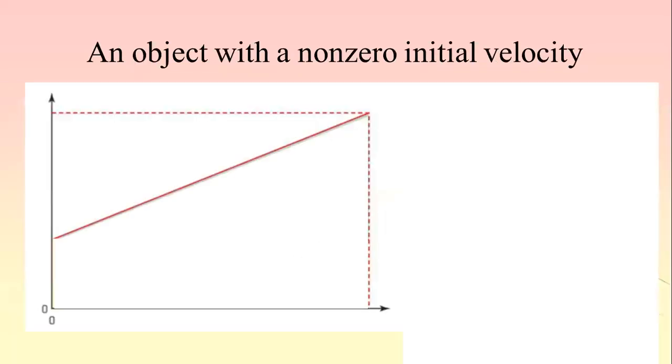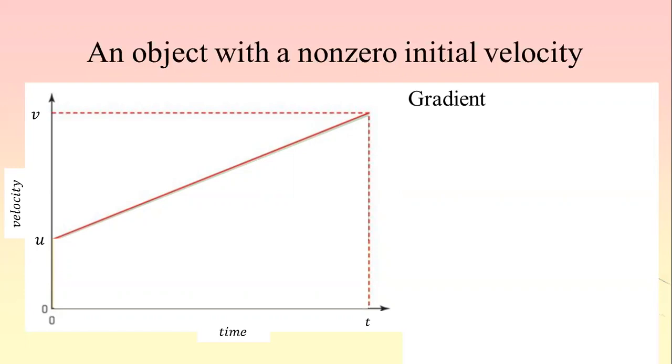Let's begin. Here we have the velocity versus time graph of an object with a non-zero initial velocity u, and then it has a final velocity v. Now, the object reached its final velocity at time t. Now, let's look at the gradient of this graph.